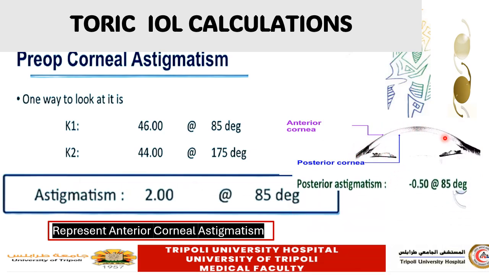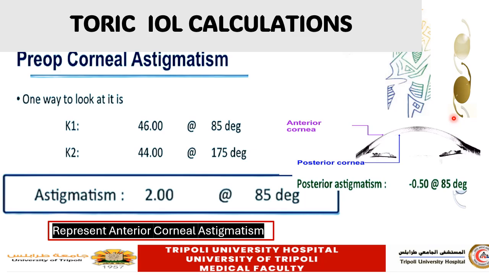They found that one of the major sources of error in the residual postoperative astigmatism is not taking into consideration the posterior surface of the cornea, because although it is of little value, a small amount at the corneal plane, this is different at the lens plane. So for any accurate toric IOL calculator, consideration of the posterior surface of the cornea is very important.